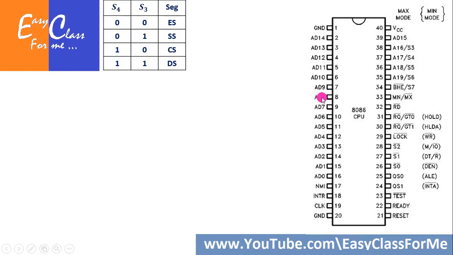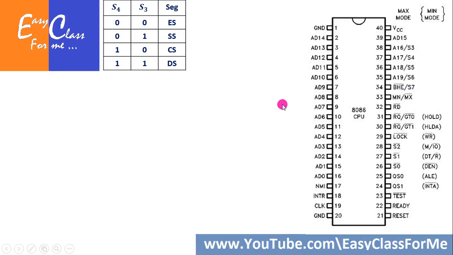But when we are talking about AD8 to AD15, BHE bar will determine whether these pins are treated as having relevant data when the bus is treated as data bus. So when this BHE bar signal is equal to 0, that means BHE is equal to 1, that means bus high enable is activated. In that case the higher order address and data multiplexed bus will be treated as data bus only.